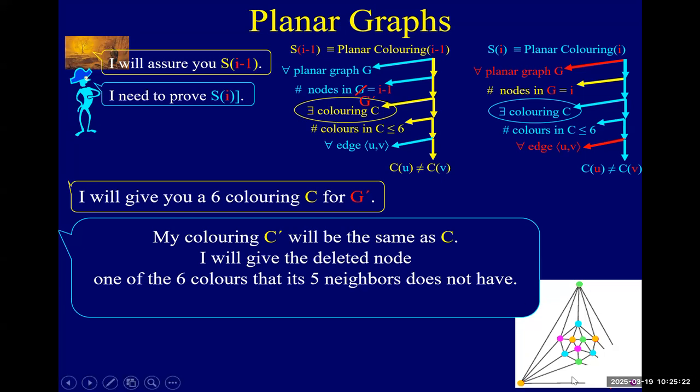This node down here only has 5 neighbors, right? So the coloring I got from my oracle only has 5 colors on those 5 nodes. Maybe there are even fewer colors because these nodes might be colored the same. I don't know, but at most 5. So there's a 6th color.